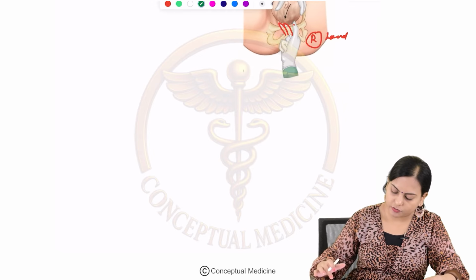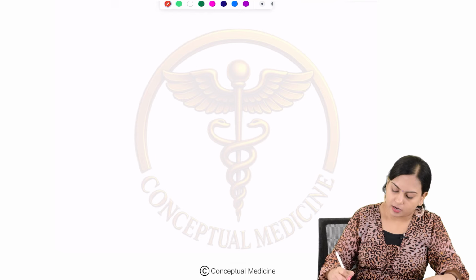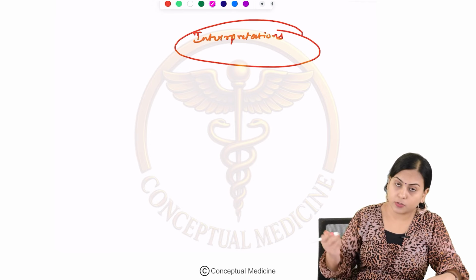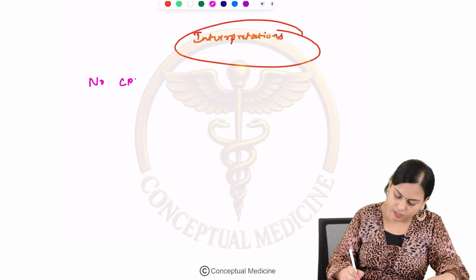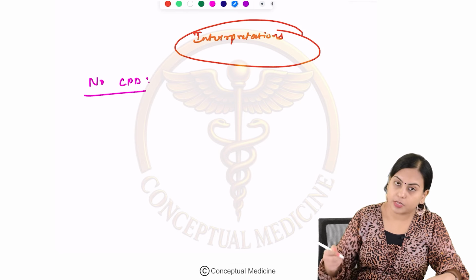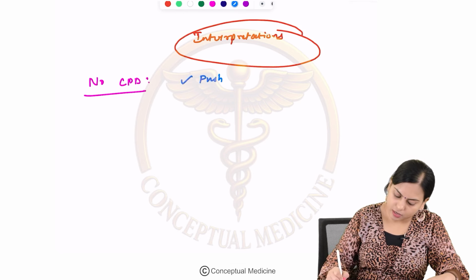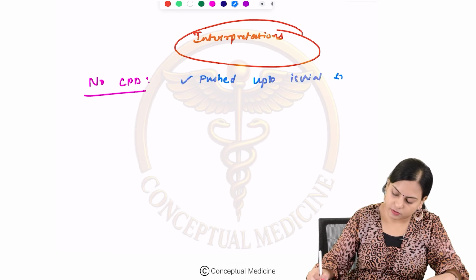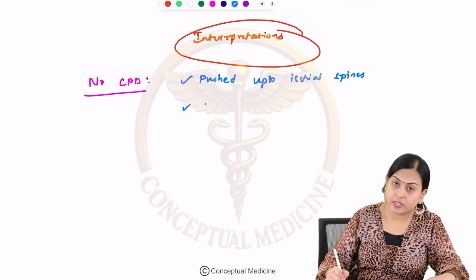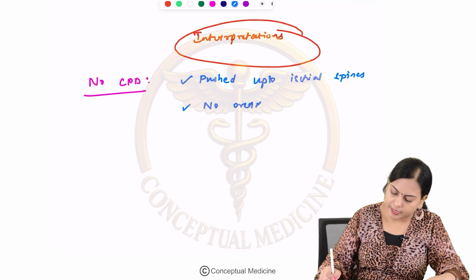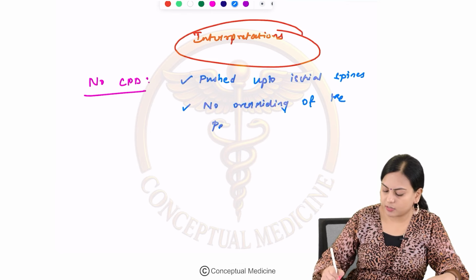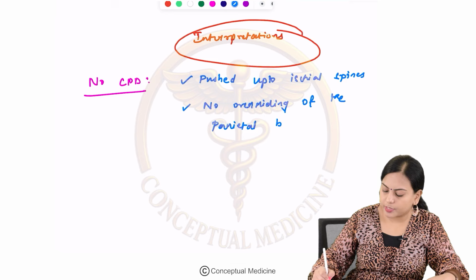The interpretations of Muller method may include no CPD, that means the head can be pushed up to the ischial spines itself, and there is no overriding of the parietal bones over the pubic symphysis.